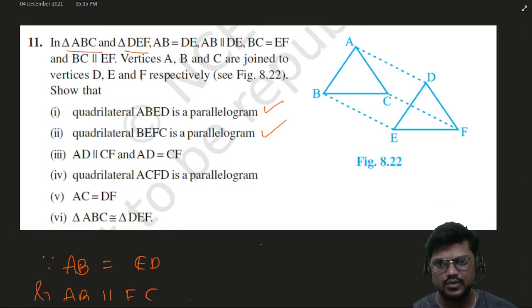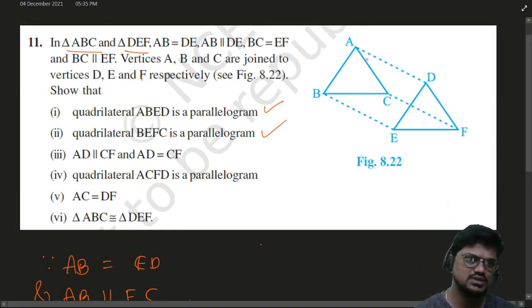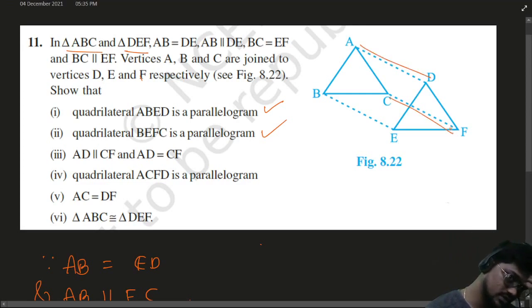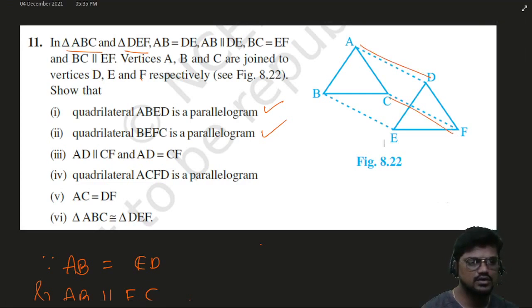Next, you have to prove that AD is parallel to CF. Now, how will we prove AD is parallel to CF? Anyone over here? Manasvi, Ritika, Shadan, can you please tell how AD will be parallel to CF?